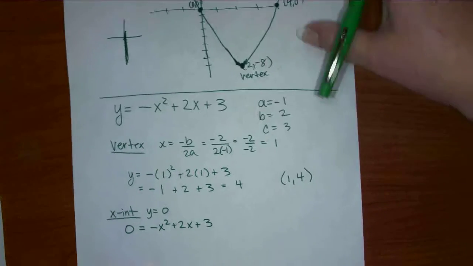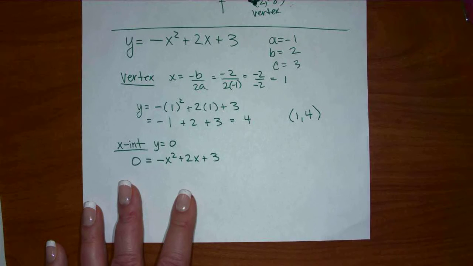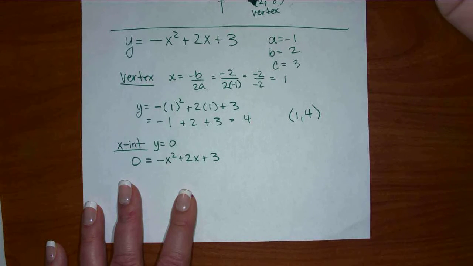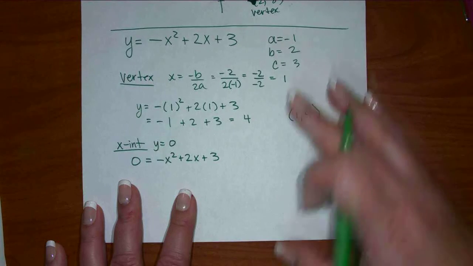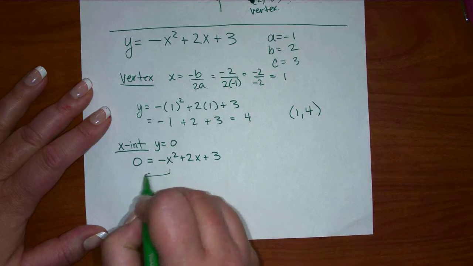So for our x-intercepts, think back to when we solved these equations, when there was a negative in front of the x squared, what did I say to do? Factor it out or change the sides so it's positive. So I would change all the signs, or you can move it all to the other side.